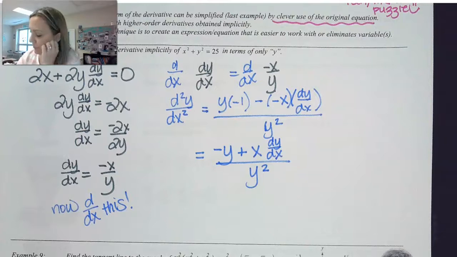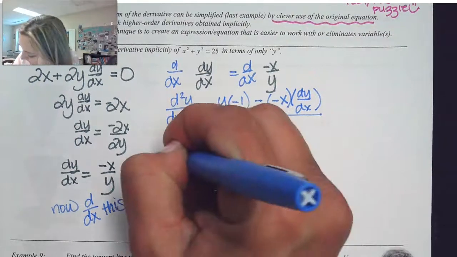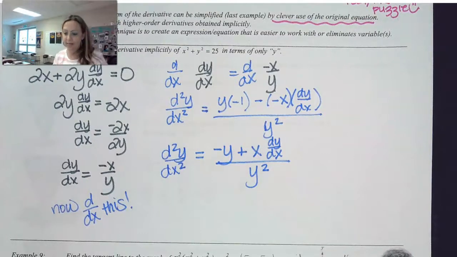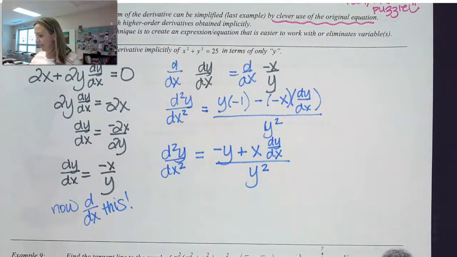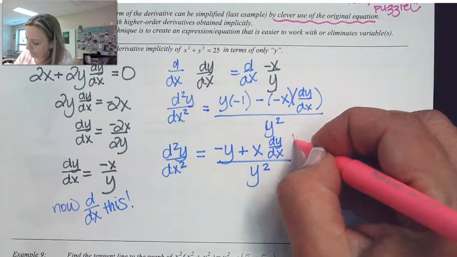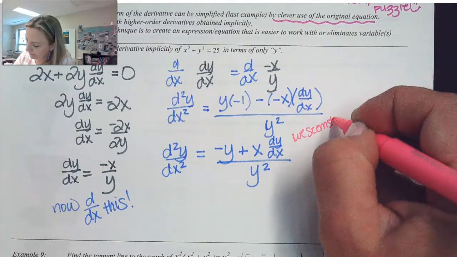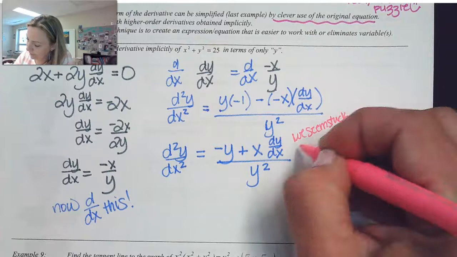So what am I supposed to do here? I'm trying to find the second derivative, but it looks like we're stuck, doesn't it? Wait a minute. So we seem stuck, but we are not.